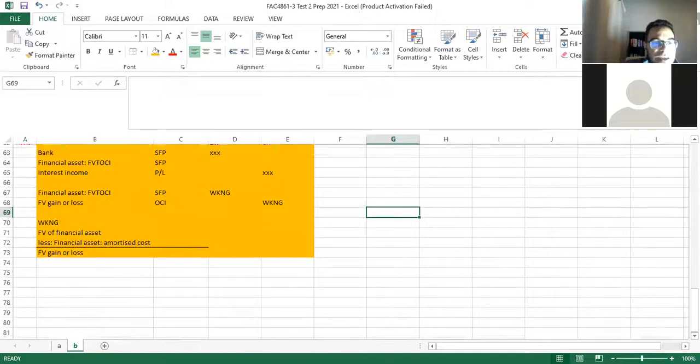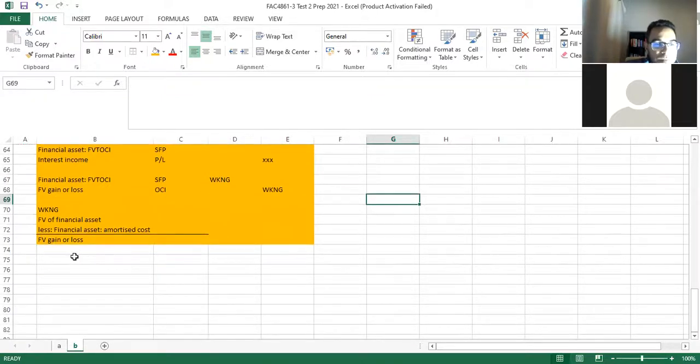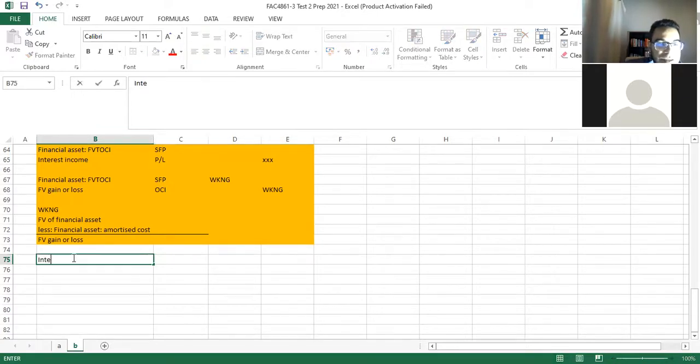So to actually get working for, remember, how do we calculate interest? Interest equals present value multiplied by I multiplied by time.